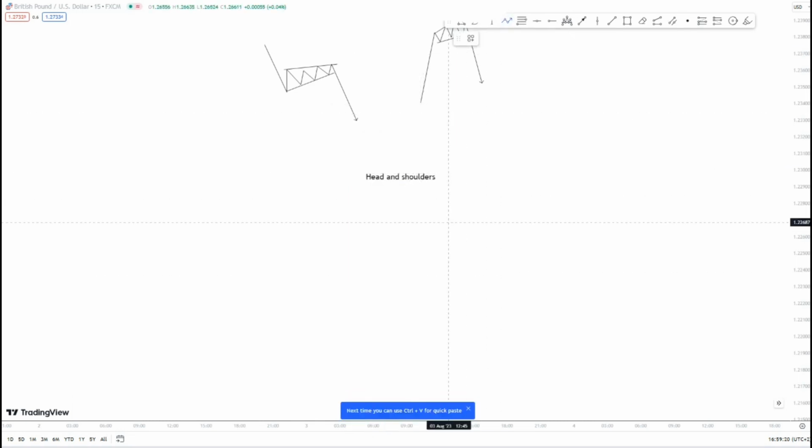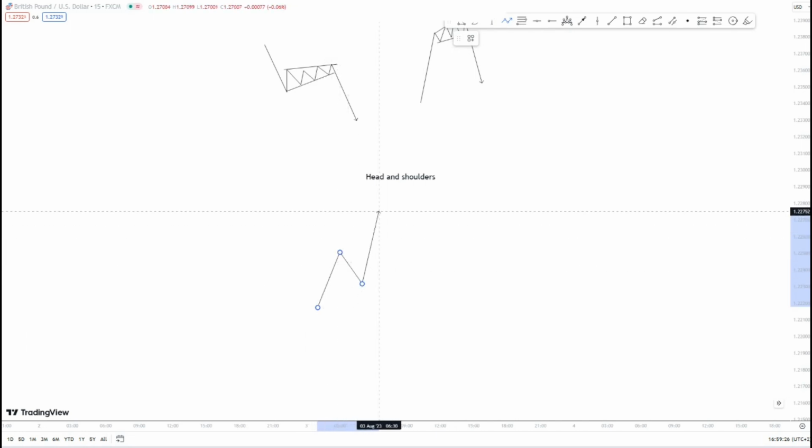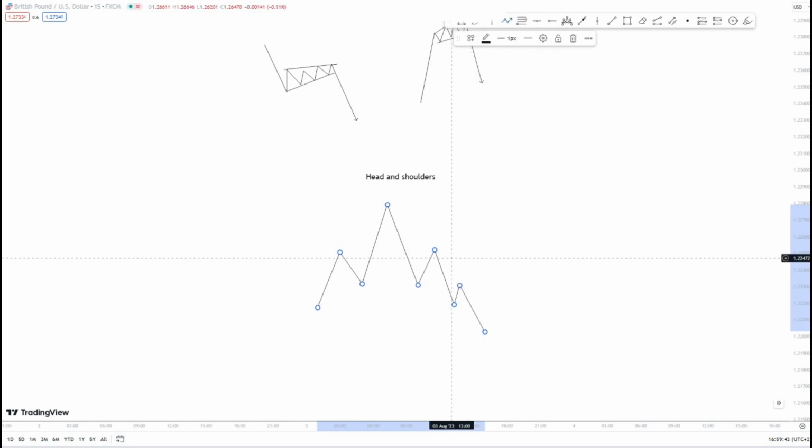Okay, so head and shoulders will look somewhat like this. Price will be going up and will give you your first shoulder, and then you'll get your head, and then price will give you the second shoulder with the retest and a further push towards the downside.